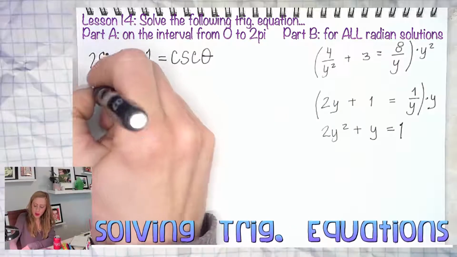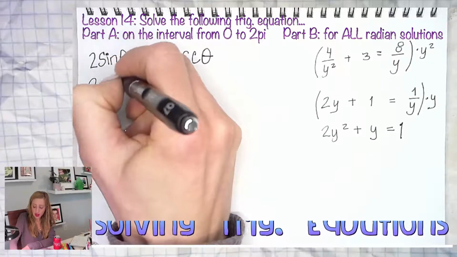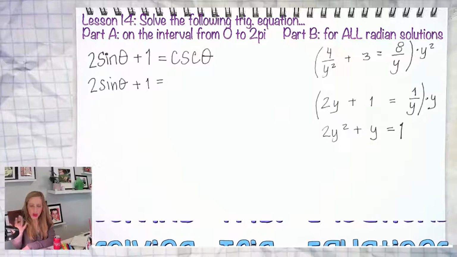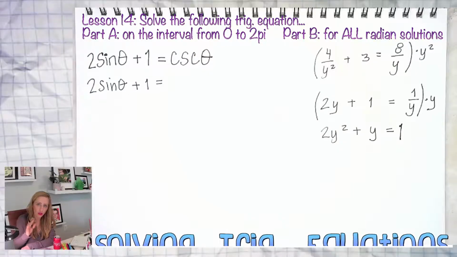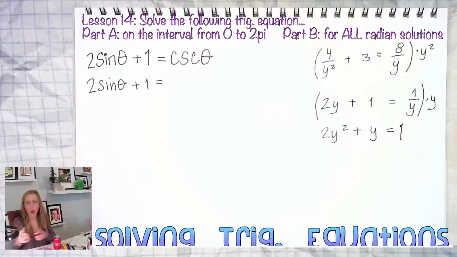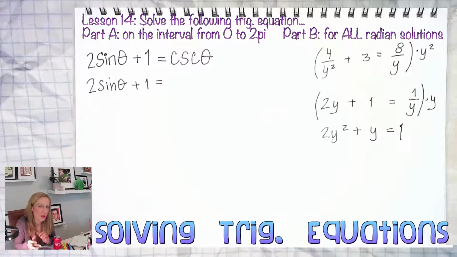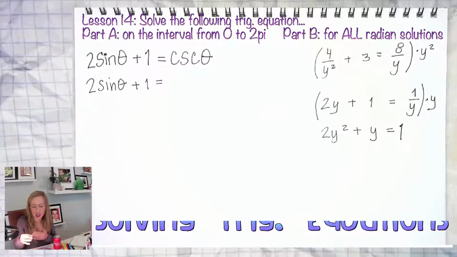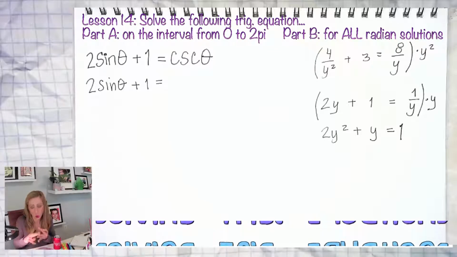Some people might want to rewrite cosecant into 1 over sine first. So think of the strategies and techniques that you used when you were verifying trig identities. You wanted all of the trig to match each other, or you wanted to identify some of the identities: reciprocal, quotient, or Pythagorean.